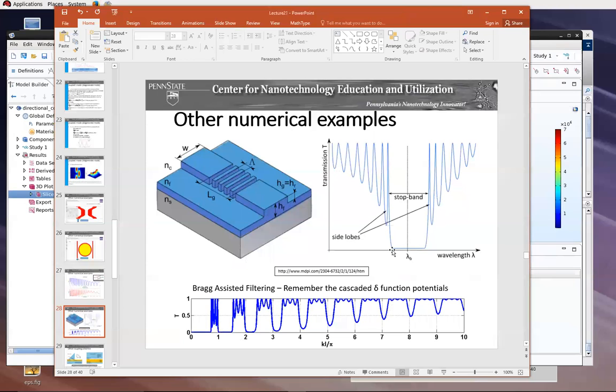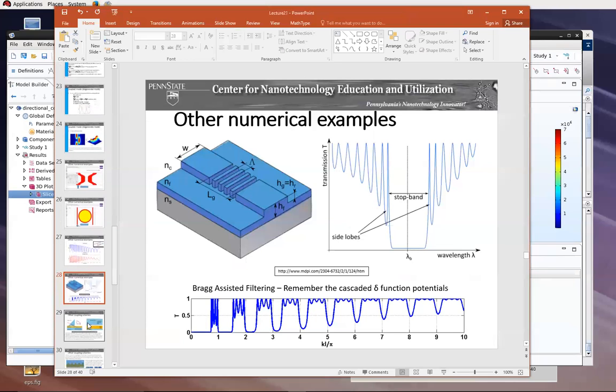So between that stop band, whatever information you have corresponding to these wavelengths will be reflected back, just like in the case of a mirror. And the other wavelengths, which reside inside the pass bands, will be transmitted to this side.